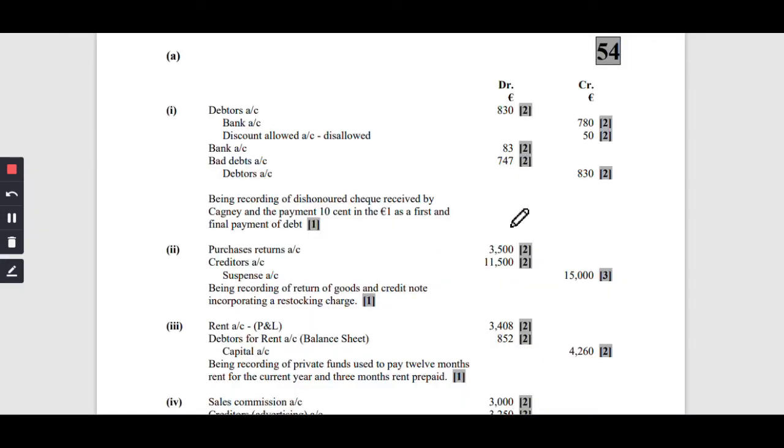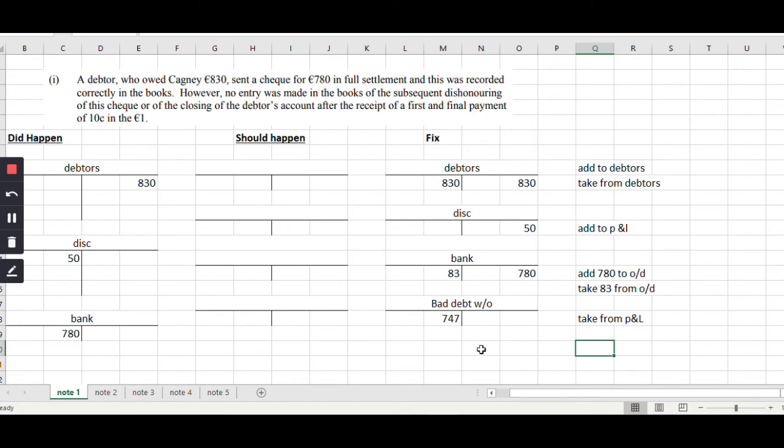If I go back to the question, you will see all of these here. I'm just going to tick them off. We have all of those in note 1. 2, 4, 6, 8, 10, 12 marks. Also 1 mark for a sentence explaining what happened. Okay, so it's the exact same as our fix column in note number 1.